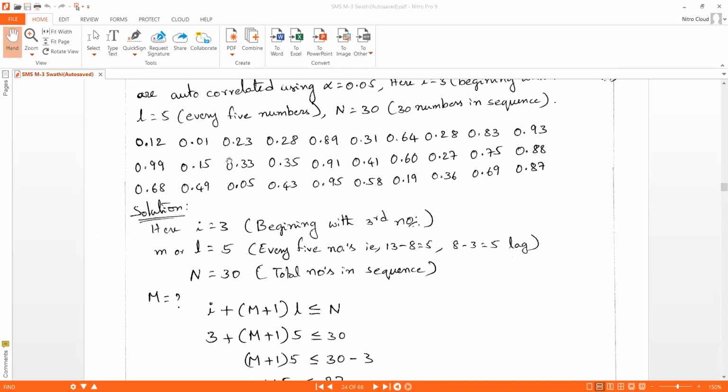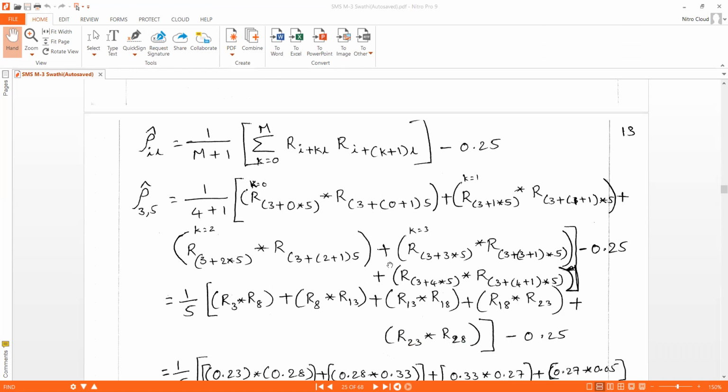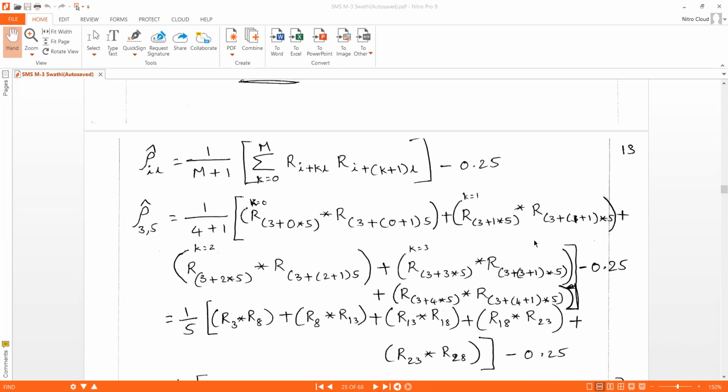Okay, this is R13, R14, R15, 16, 17, 18. R18 value is 0.27. We will substitute 0.27 here in R18 place. Okay, then this value will be 0.33 into 0.27 plus R18 value we know, that is 0.27 into R23 value.